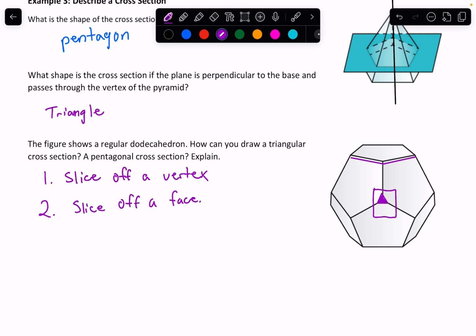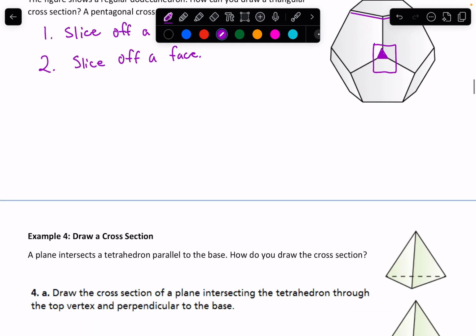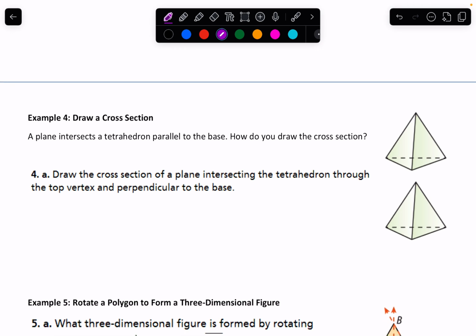There's some more in example 4. Here we want to talk about how to draw a cross-section inside of a shape. A lot of this chapter is going to focus on how we draw three-dimensional shapes in a two-dimensional space, like on paper, or how we draw features of those 3D shapes. The first idea is here we have a tetrahedron.